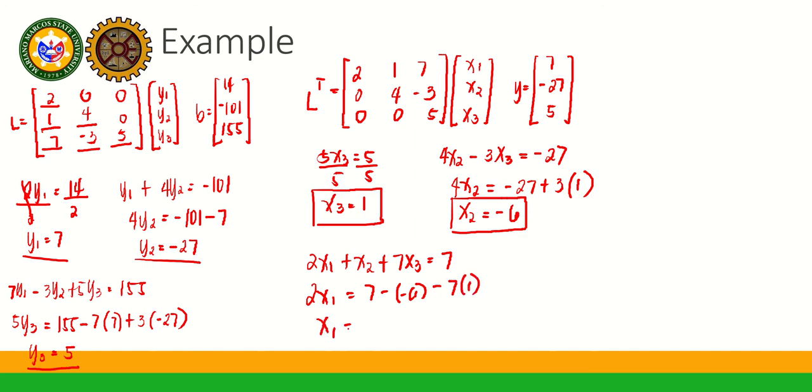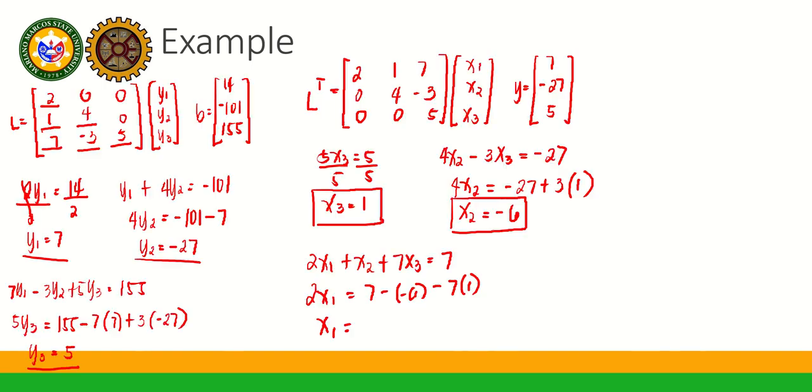So our x sub 1 is equal to, if you're going to solve for that, that will be equal to positive 3. Okay? So you can check the answers sa inyong calculators. And ang lalabas na sagot will be the values for the x variable. Okay? So that is how you do the Cholesky's method.